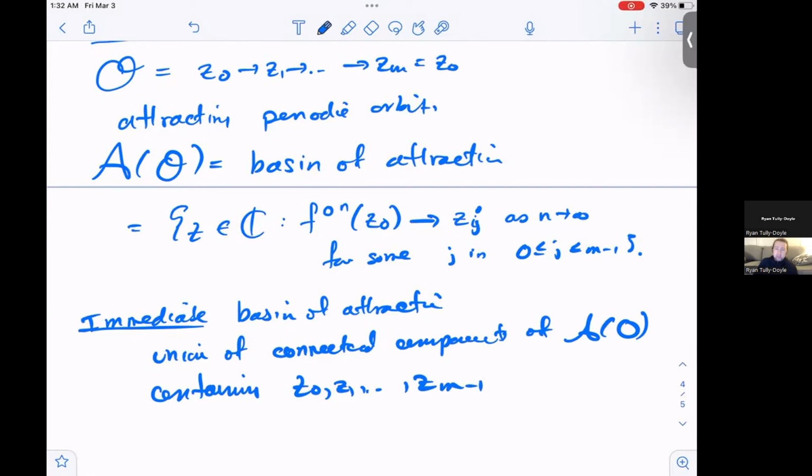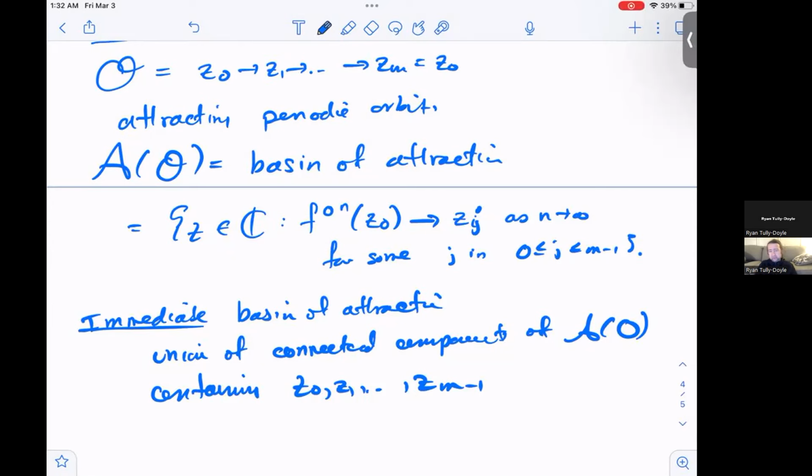So it's the subset where we take all the bits that are connected to each other and then we glue them in. It's not always the case that these sets are connected to each other. And so sometimes we want to take just the bits that contain the period, and those are what are called the immediate basin. Let's see some more complicated examples of that further on in the course. And so that's the basic idea.